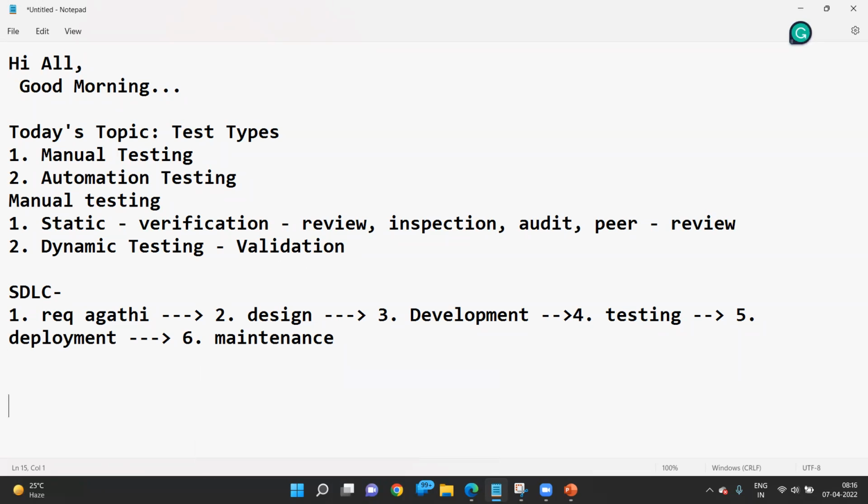Under dynamic testing, as a tester, people call you a QA, quality analyst. As a QA, what is your role and responsibility?